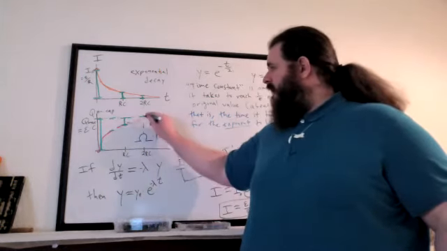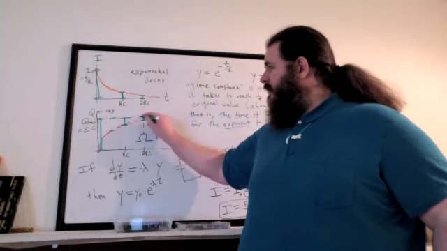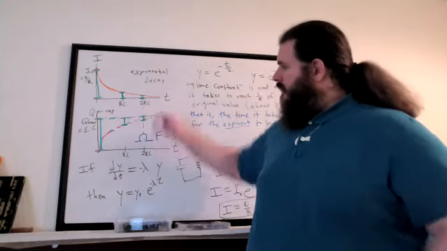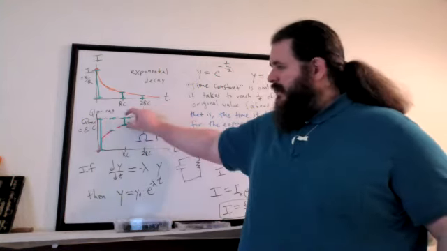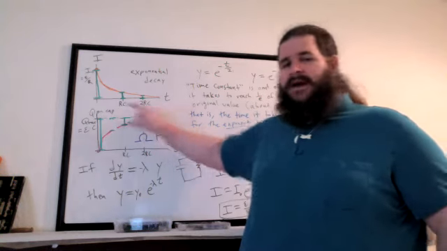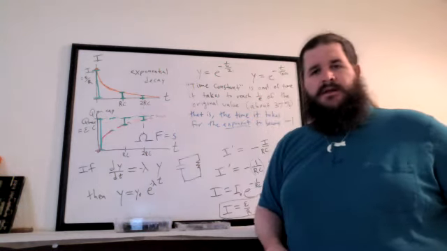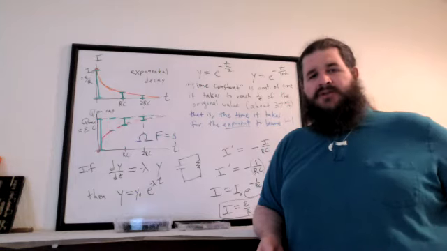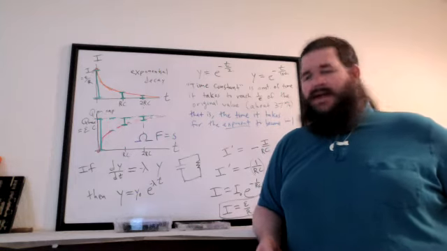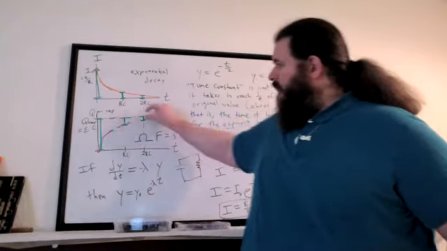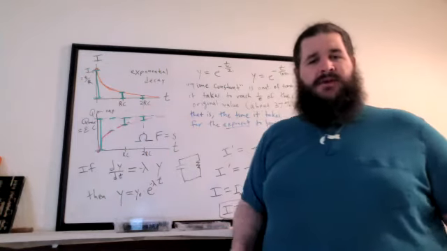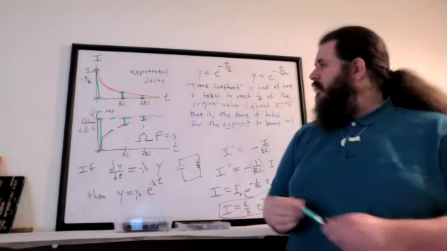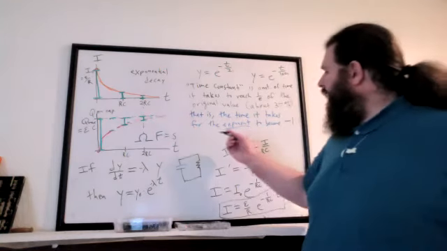One time constant later, at time equals 2RC, this new difference is going to be 1 over E of this, which means 1 over E squared of the original difference. So this is the whole idea of time constant. It's just the amount of time it takes to decay to 1 over E of the original difference between the value and the asymptote. And we usually write that as tau.